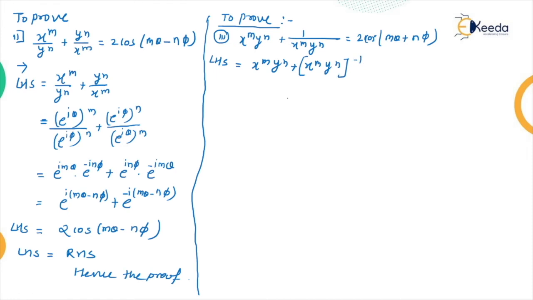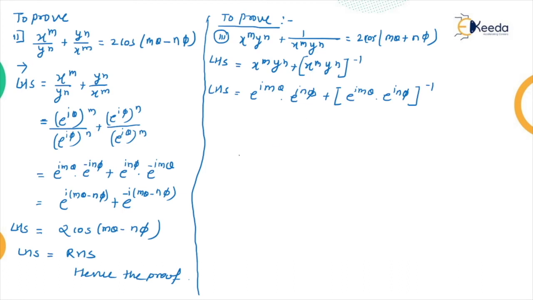So this can be written as LHS is equal to (e^(i theta)) to the power m, it becomes e^(i m theta), also it becomes e^(i n phi), plus in brackets, e^(i m theta) into e^(i n phi), and the bracket to the power minus 1, because this is the reciprocal of this term.